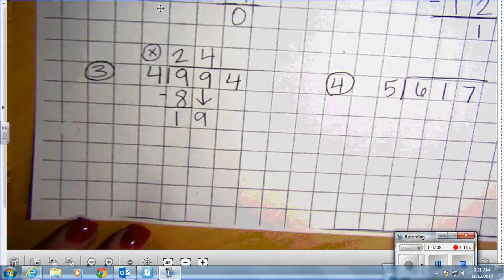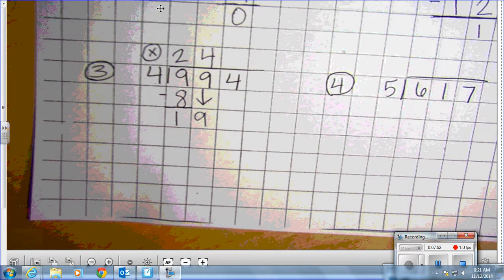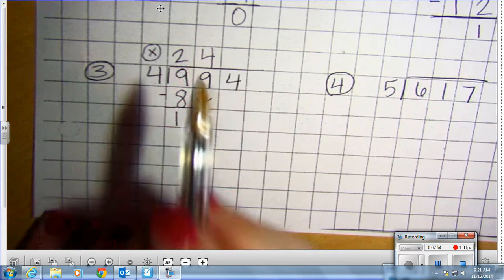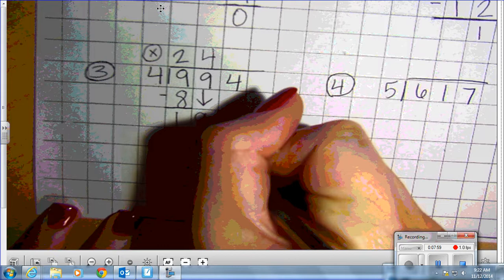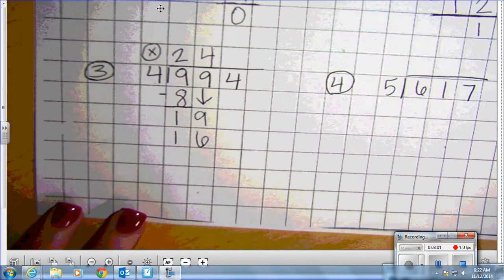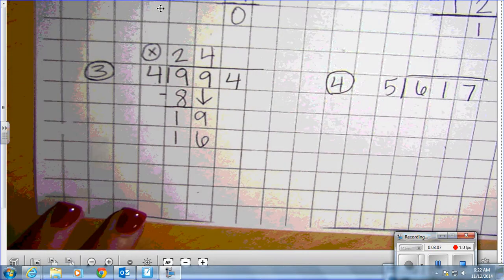So I divided. Now what do I do? Everybody, multiply. 4 times 4 is 16. I divided. I multiplied.